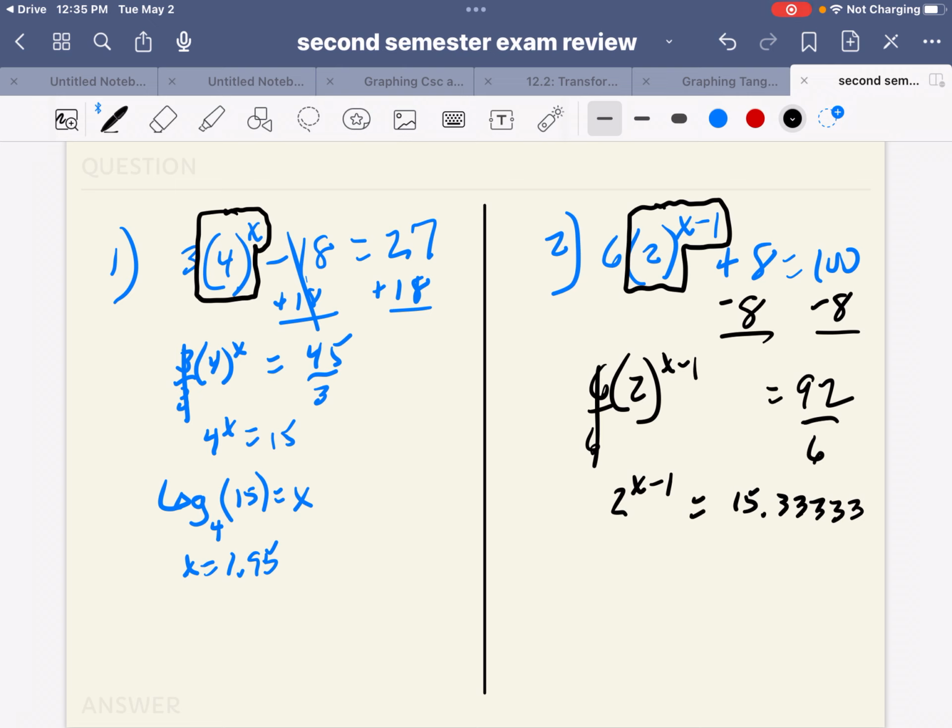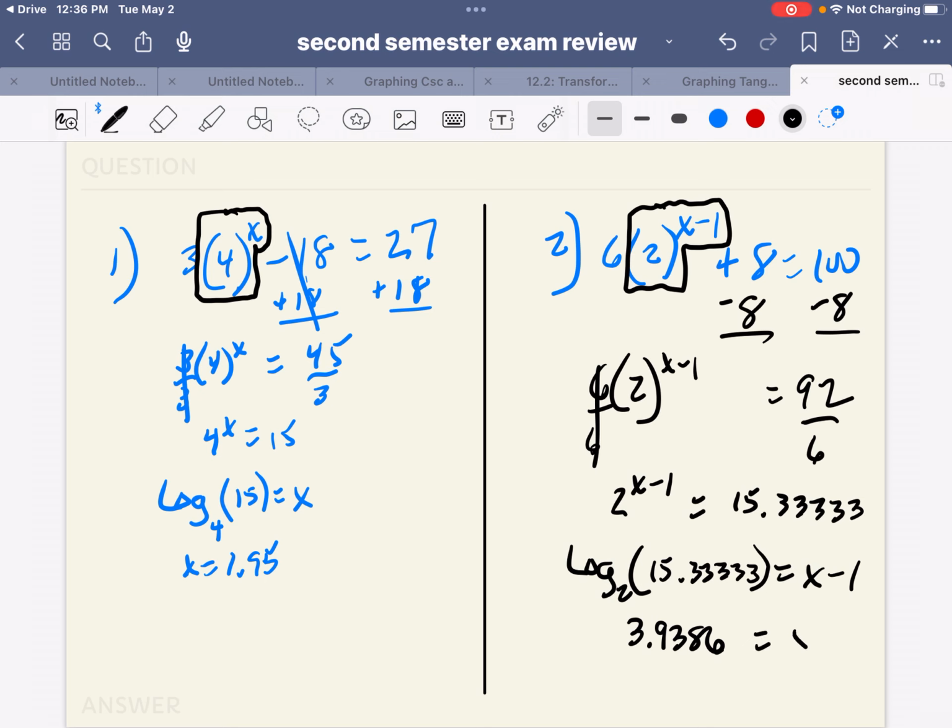So now change that to log base 2 of 15.33333 equals x minus 1. So now if I grab my calculator and find out what log base 2 of 15.33333 is, it tells me that it's 3.9386.